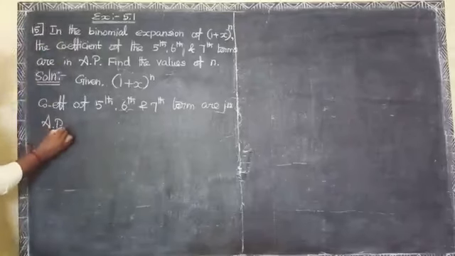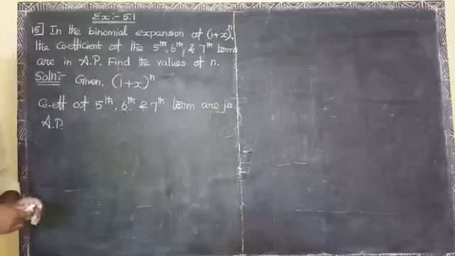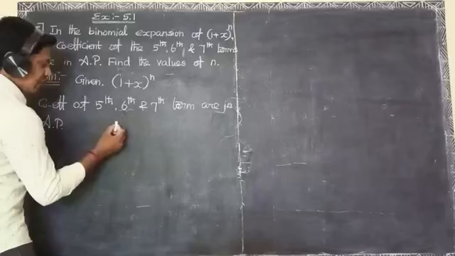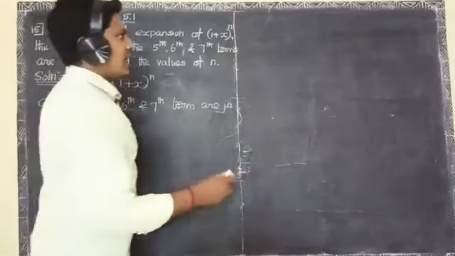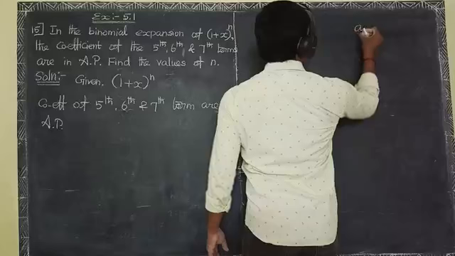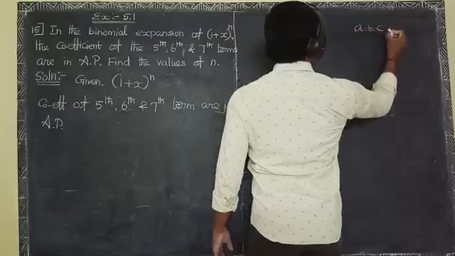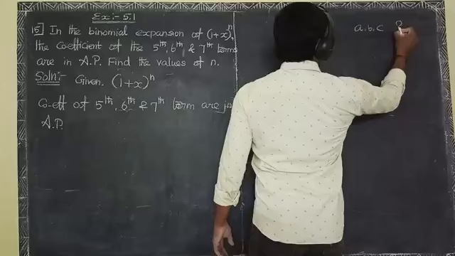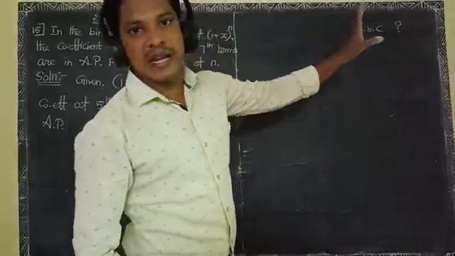AP means arithmetic progression. For example, now we take A, B, C in AP.